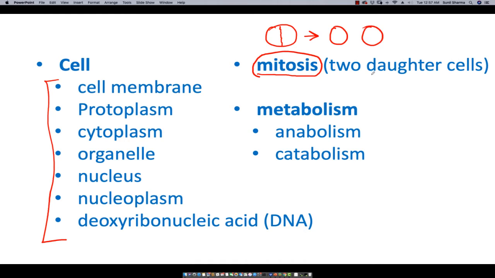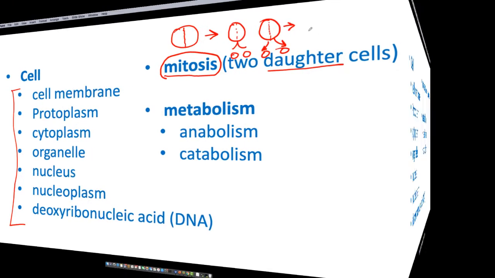And the reason why we call them daughters is because they themselves are going to then divide and give birth, in a sense, to two more cells. Each of these is going to result in two more cells. And so the cell division continues until there's a regulation system that at some point will say, okay, enough, stop at this point.